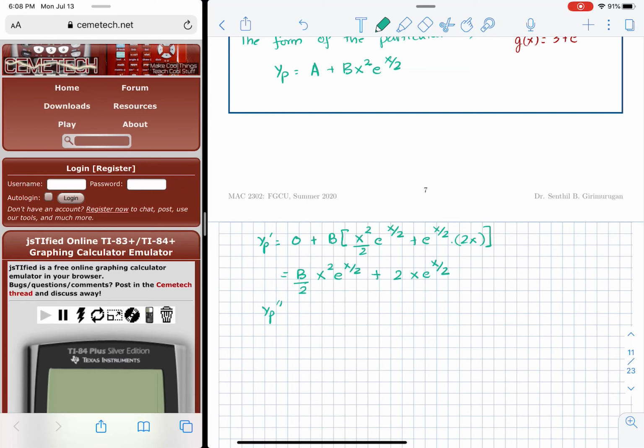Yp double prime is b over 2 x squared over 2 e raised x over 2 plus e raised x over 2 multiplied by 2x. I'm using product rule, plus 2 times x over 2 e raised x over 2 plus e raised x over 2 times 1. Product rule again. That would give me b over 4 x squared e raised x over 2 plus b x e raised x over 2 plus x e raised x over 2 plus 2 e raised x over 2.